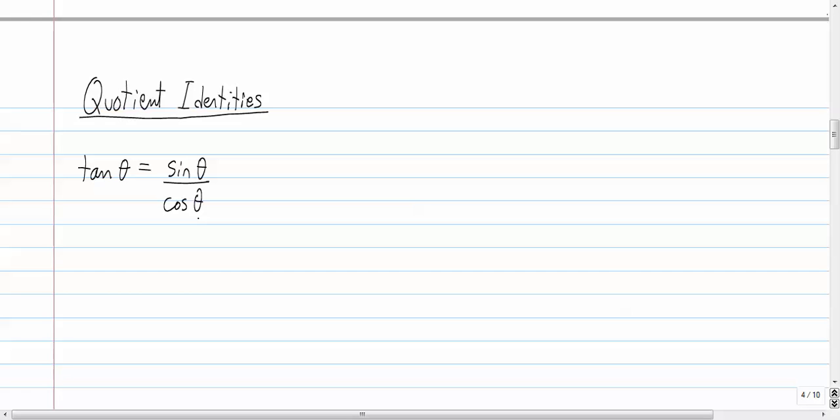I know quotient means divide, but whenever I see quotient, I think, okay, it's going to be a fraction. It has a numerator and a denominator.